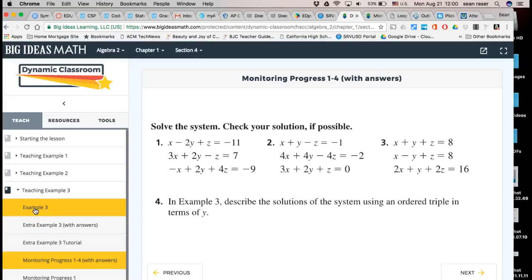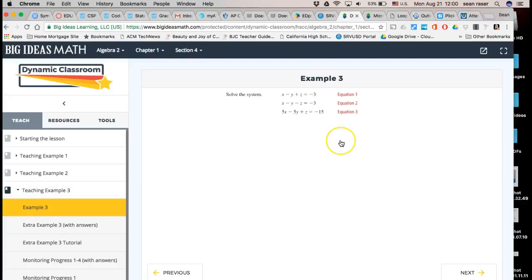Okay, now that you've done that one, I want to show you one more example. Here's another system that we have right here. We've got three equations and three variables, and we want to go through our steps to solve this. So let's look at our system and try to see what we can do.